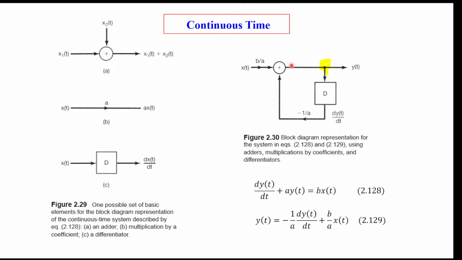Anyway, you have y of t here, you split it, and you go through a differentiator, it becomes dy/dt, and you multiply by minus 1 over a, it becomes minus 1 over a dy/dt, just like here. Then you add back b over a x of t, and this feedback loop will give you this differential equation, because y of t, this line here, will equal b over a x of t plus minus 1 over a dy/dt. And so this block diagram will represent your differential equation here.